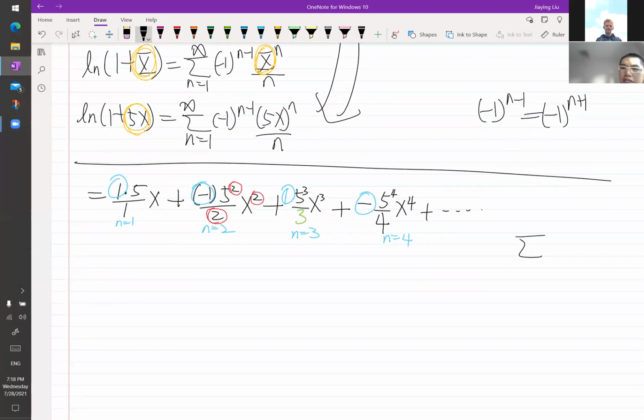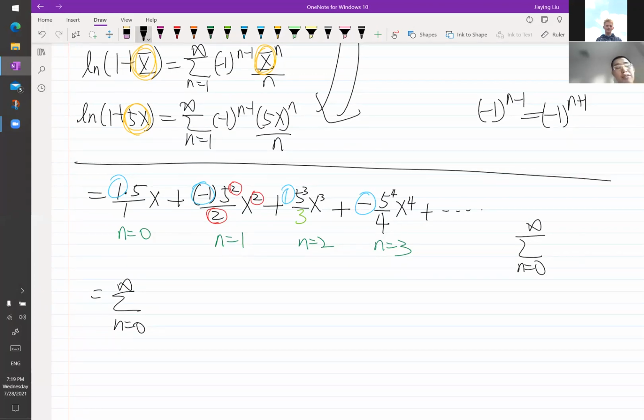But if you want to write it as a sigma n from 0 to infinity, you can. So we just say, okay, we don't want them to go from 1, 2, 3, 4. We want them to go from n equals 0 to n equals 1 to n equals 2 to n equals 3. And then the sigma notation will be n from 0 to infinity.